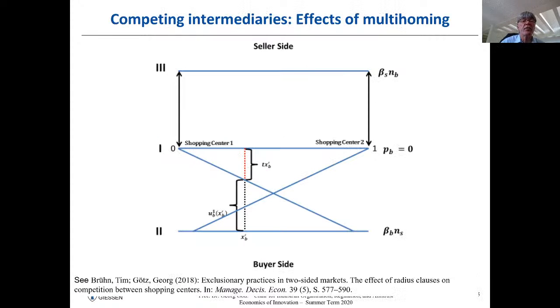In particular, and this is just a figure from one of my papers I recently published, I also analyze this effect of multi-homing and what are called exclusivity clauses in the case of shopping centers. So if you're interested in more detail, just go to our chair's website, and you can download this paper.